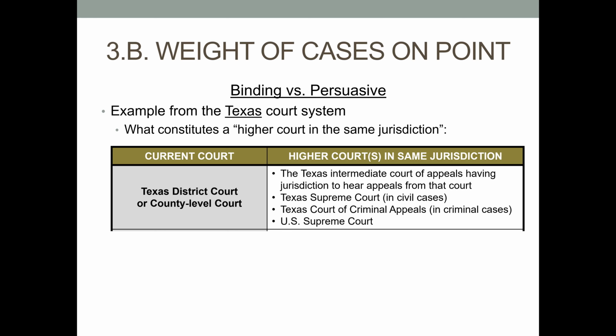And of course, the U.S. Supreme Court has discretion to hear the appeal or not to hear the appeal.